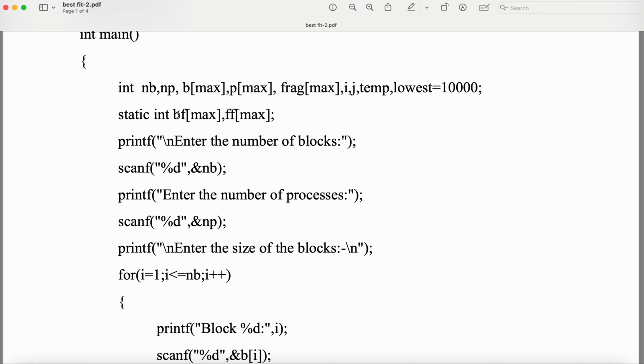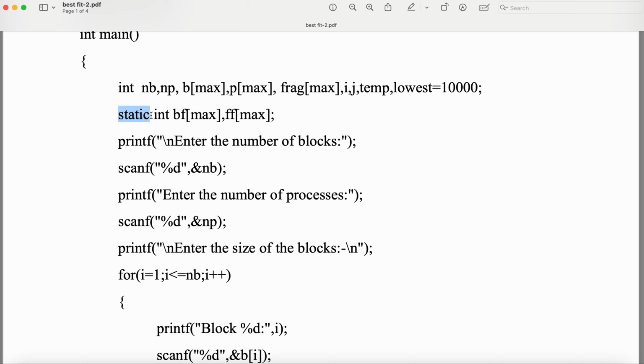Next, here we have taken BF of max and FF of max, 2 variables. These 2 variables are of type int but static. The major difference: if you declare a variable as int, by default it becomes a local variable, whereas this is a static variable.